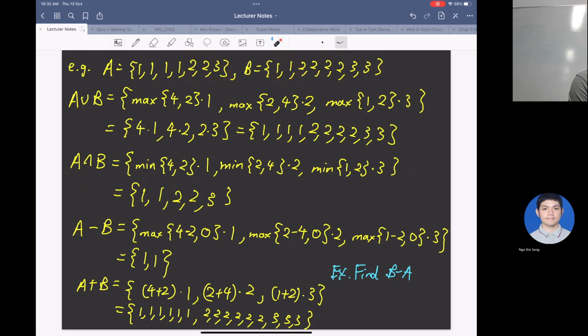A minus B, so you take A and then minus all the things in B. So you take away 2 ones. And then for the 2s, you take away 4, but there's only 2 twos here, so you take all of them. Similarly for 3, you have 2 here, so you take all of them. So you're left with 1 one. A plus B is just adding up all of them.